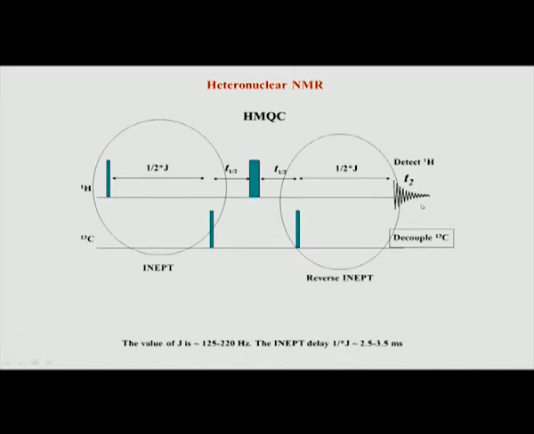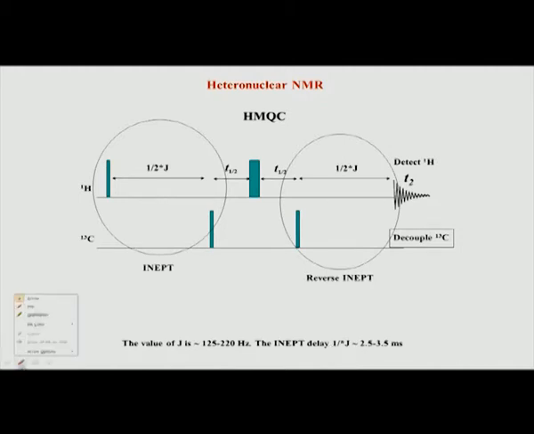So, similar considerations apply. If you want a very good transfer efficiency, then your delays here have to be tuned to the right values. So, the delay here should be 1 over 2J.